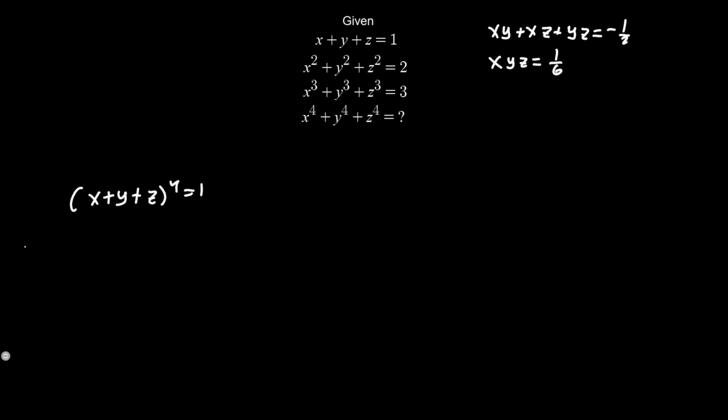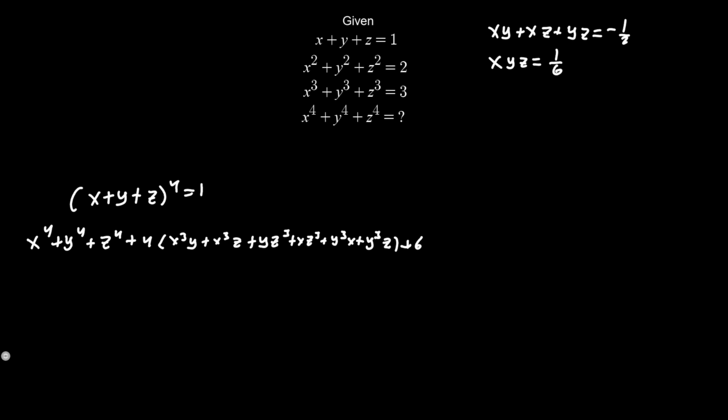And here, the left side will become x to the 4 plus y to the 4 plus z to the 4 plus 4 times x cubed y plus x cubed z plus y z cubed plus x z cubed plus y cubed x plus y cubed z. And we notice that we have a lot of cubes in this expression.